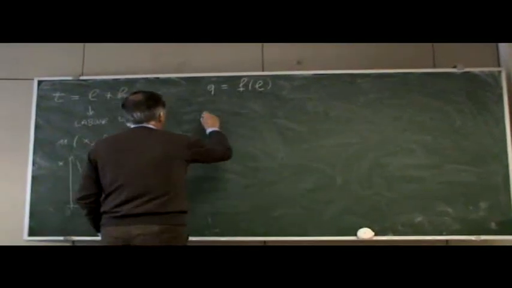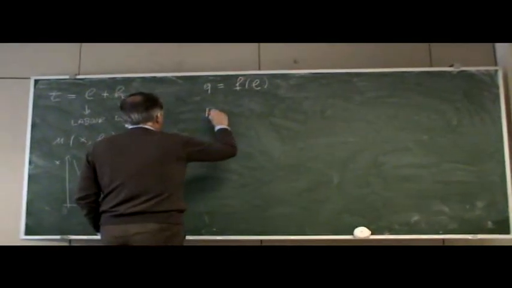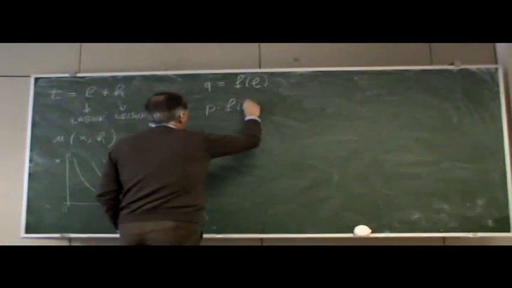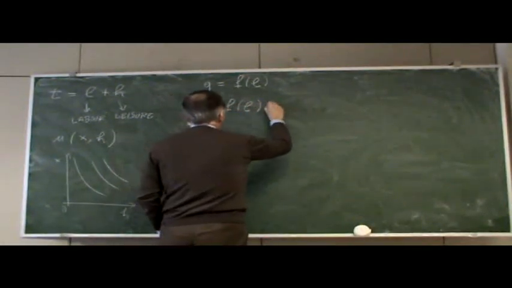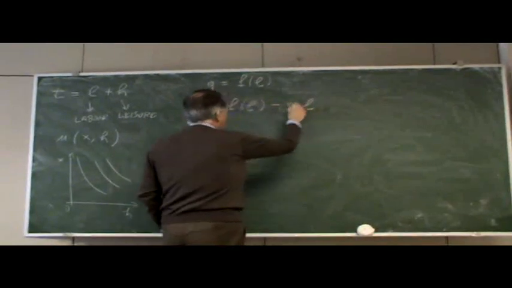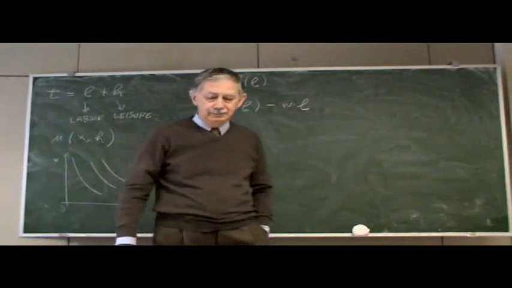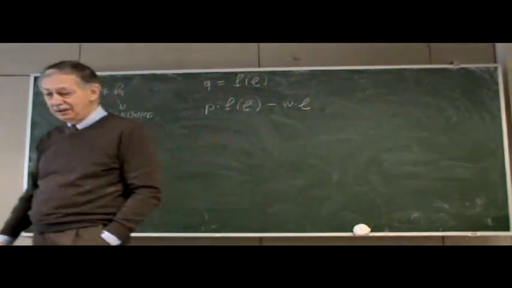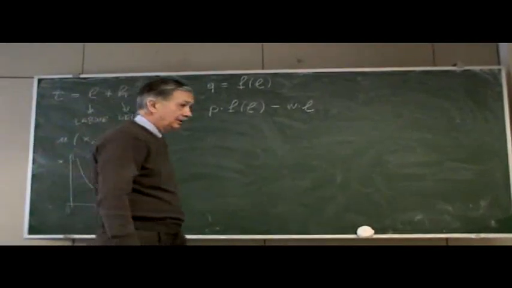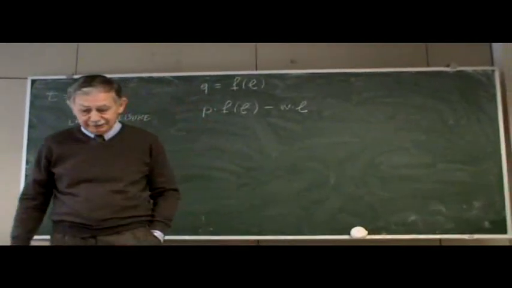The profit of a firm, if P is the price of the consumption good, will be simply P times F of L minus W, the wage of the workers, times L, the quantity of labor employed by the firm. Is it clear?